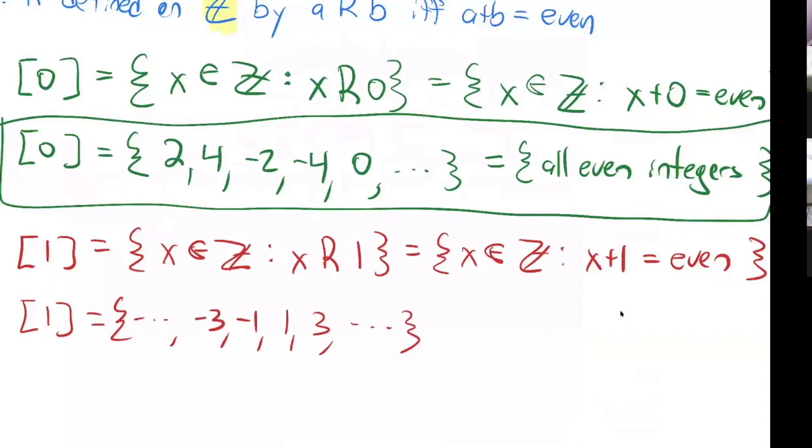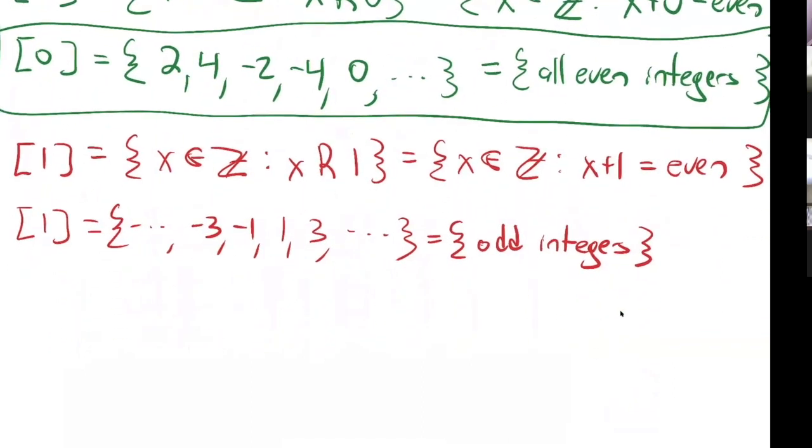Okay, so that was what I was trying to draw down below. So we have the equivalence class for 1 over here, which is all the odd stuff. We could certainly just write that as all of the odd integers. So this relation partitions the integers into 2 equivalence classes.